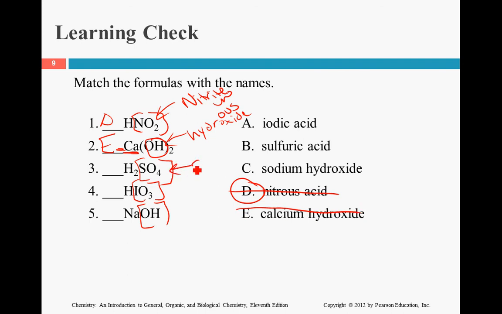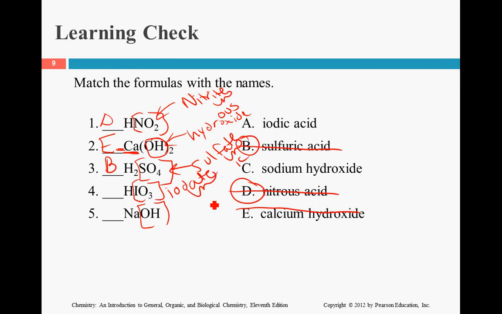SO4 is sulfate. That ATE becomes IC. So we're looking for sulfuric. Right here. IO3 is iodate.